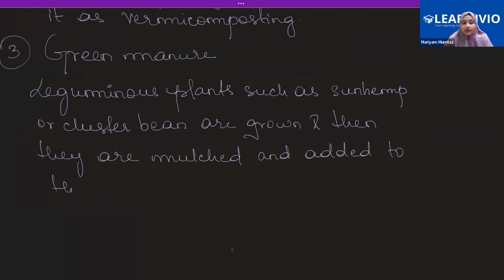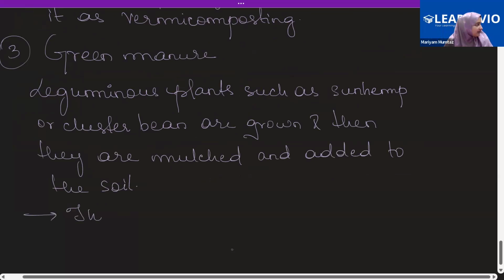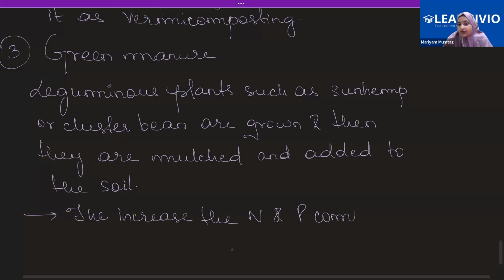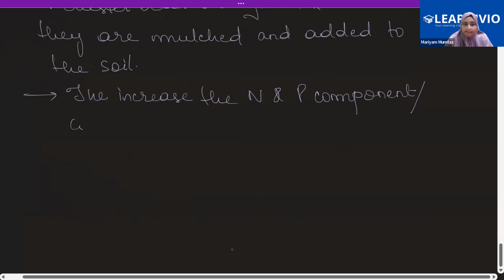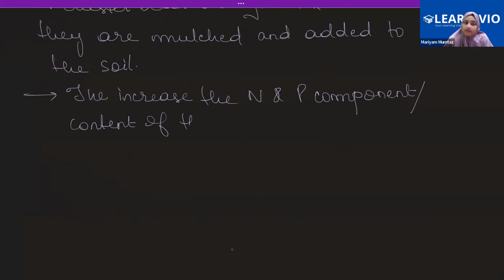What they do is they increase the nitrogen and phosphorus content of the soil. Is it clear to everyone?